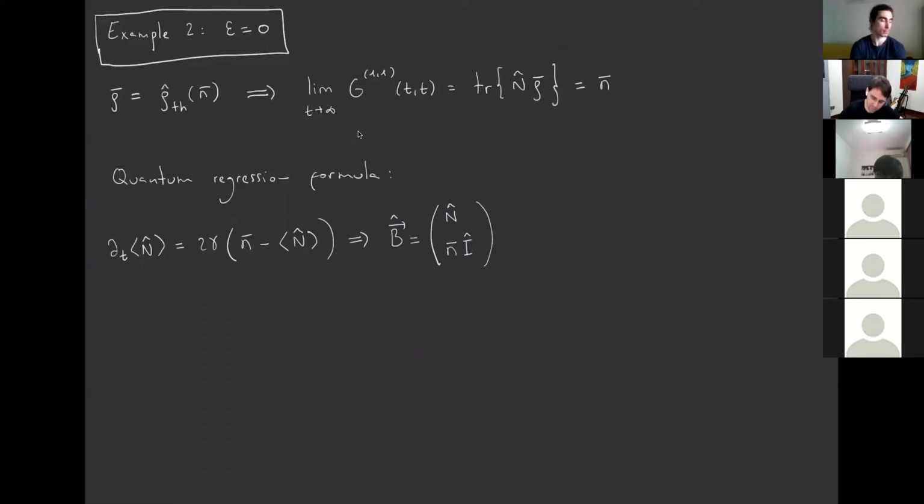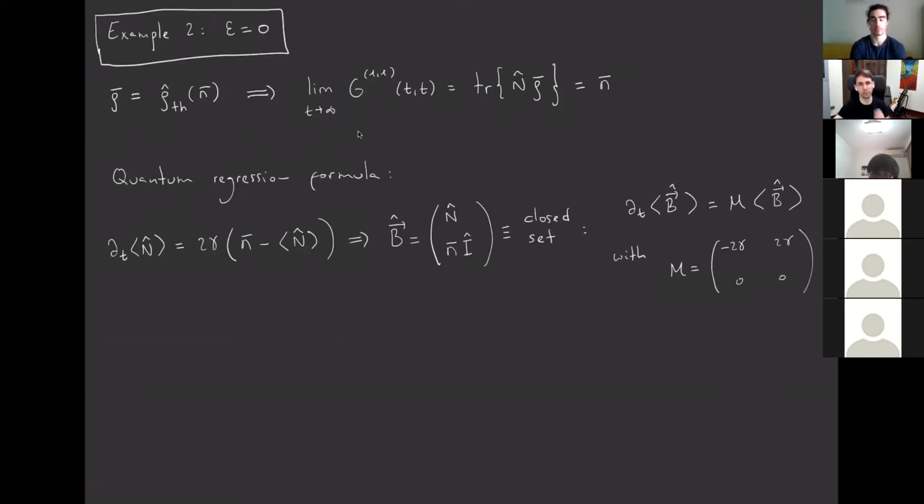So this is B, and this forms what we have defined as a closed set, because the time derivative of the expectation value of B can be written as a linear system where this matrix M, in this case, is just very simple: minus 2 gamma, 2 gamma, 0, 0. Okay?